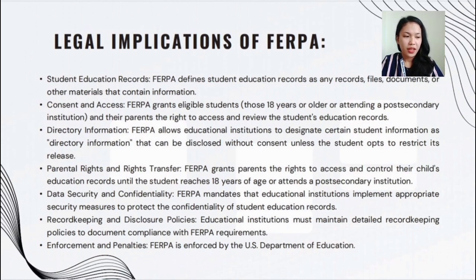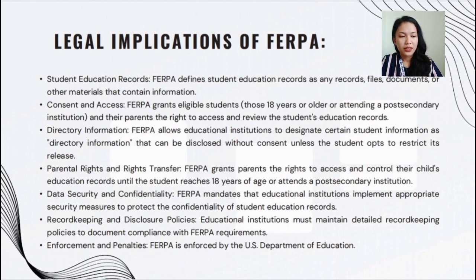FERPA mandates that educational institutions implement appropriate security measures to protect the confidentiality of student education records. Record keeping and disclosure policies. Educational institutions must maintain detailed record keeping policies to document compliance with FERPA requirements.